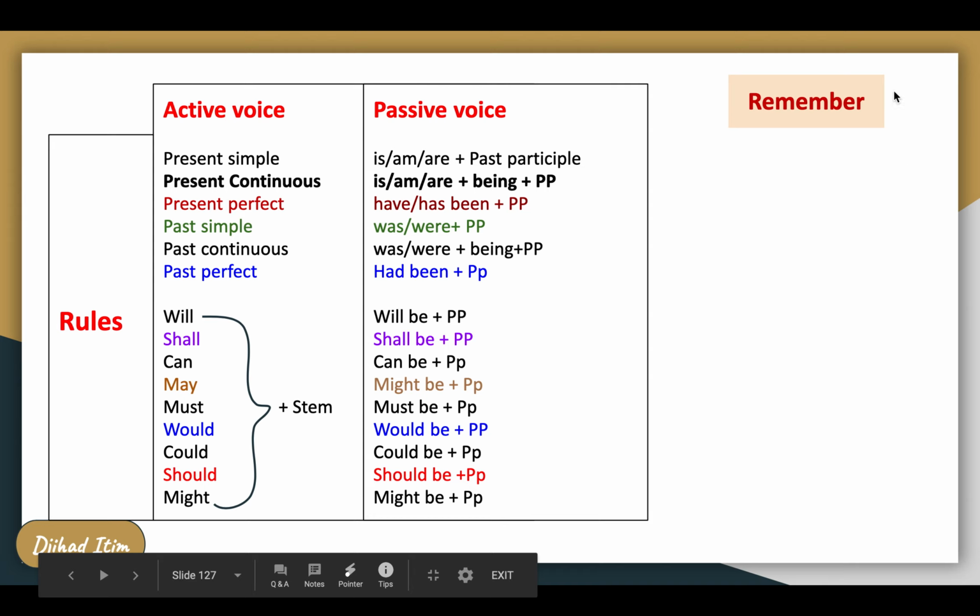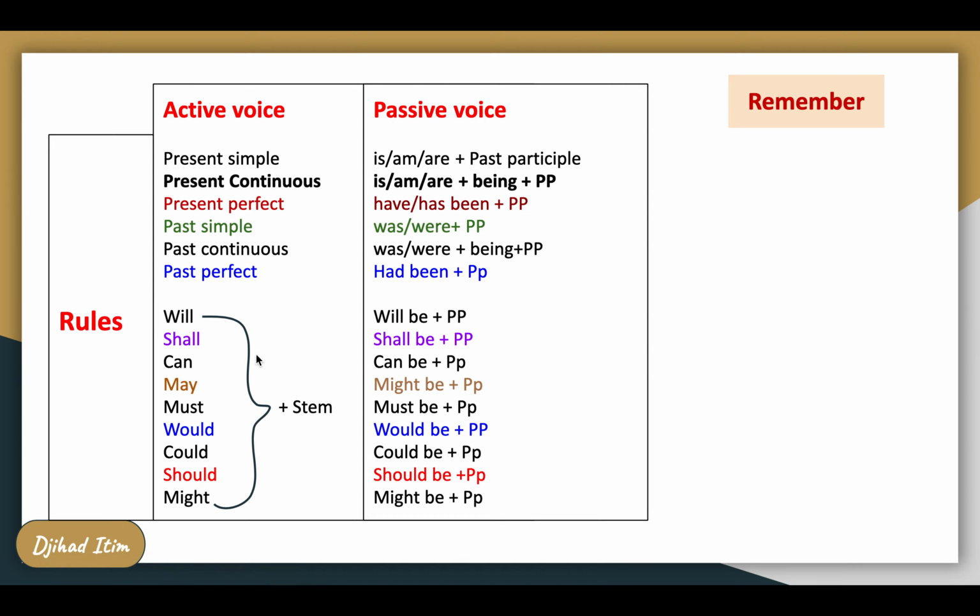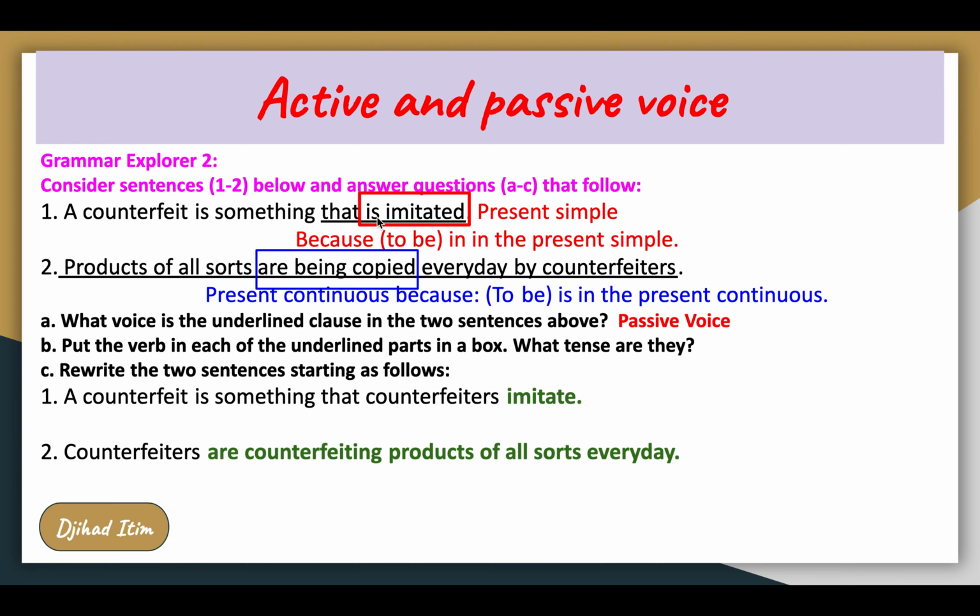Now you have to remember the rules. Here we have active voice and here passive voice. For the present simple, in the passive voice you use is or are, the verb to be in the present simple, plus the past participle of the verb. For instance, is imitated.